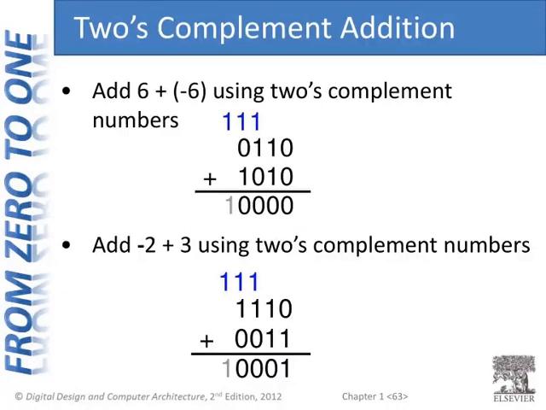So again, here typed out for your convenience as well. We show that 6 plus minus 6 gives us, in fact, 0. Remember, 4-bit addition, 4-bit result. Discard the carry out bits. And minus 2 plus 3, another example, gives us, as expected, 1.